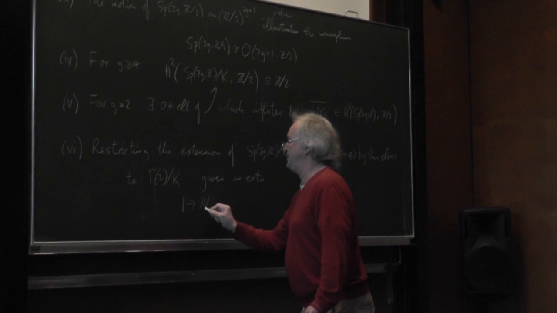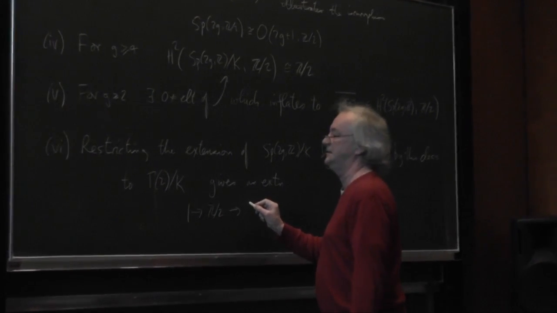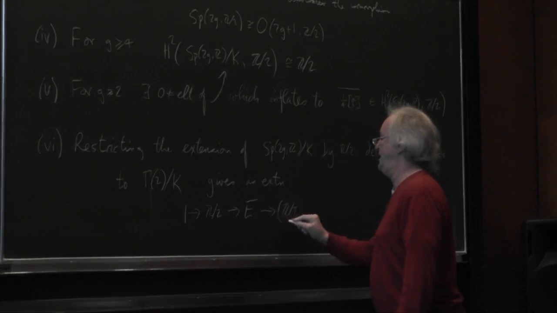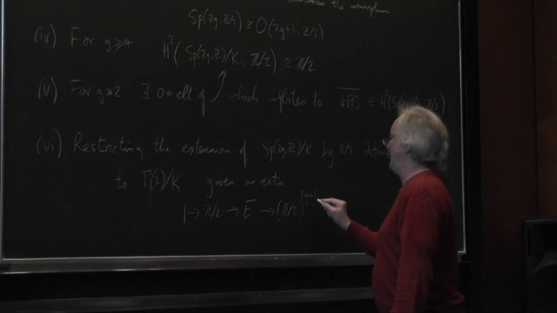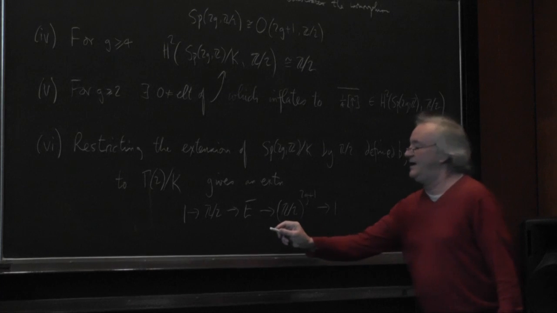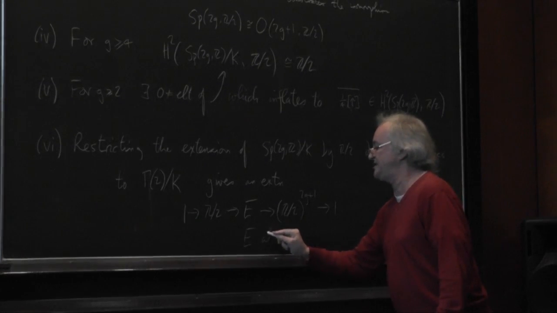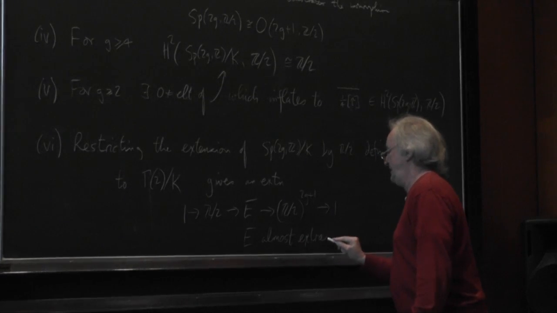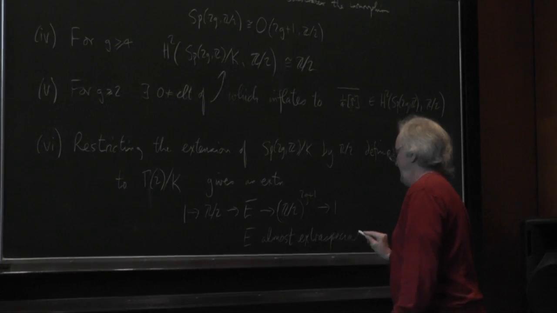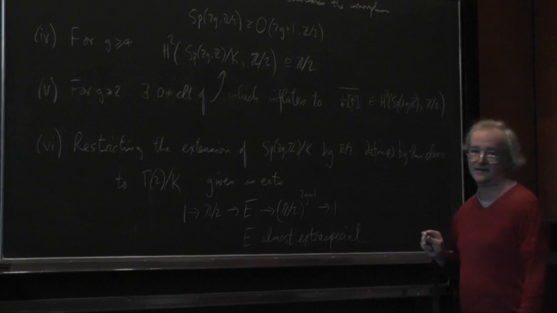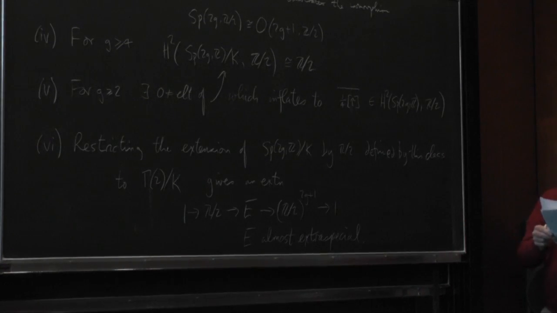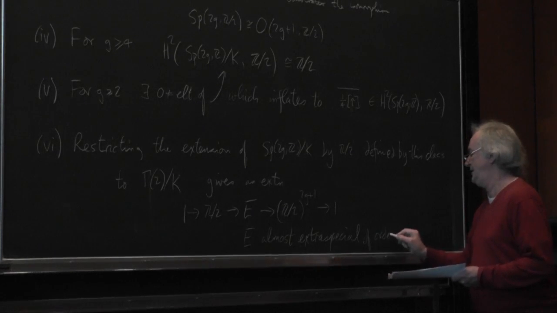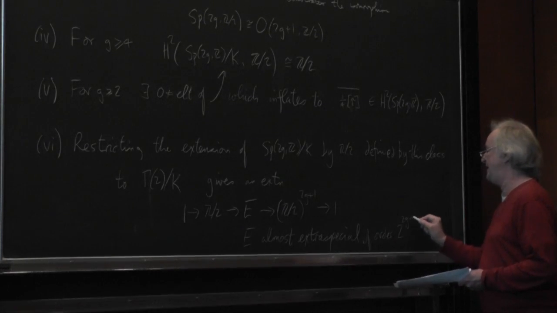So 1 goes to Z mod 2, goes to, I'll call it E, goes to Z mod 2 to the 2G plus 1 goes to 1, where E is an almost extra special group. And I'll explain what that means. So this is order 2 to the 2G plus 2 now.